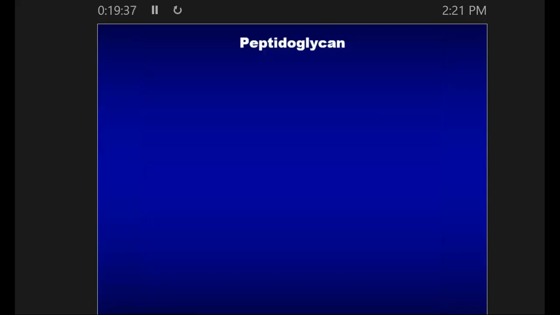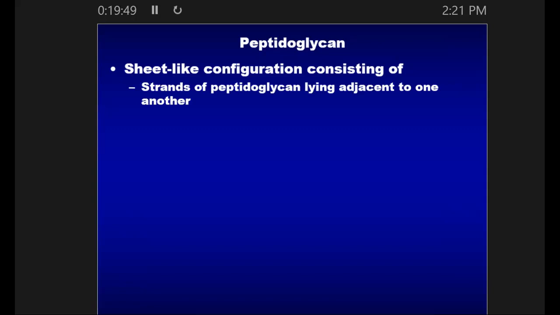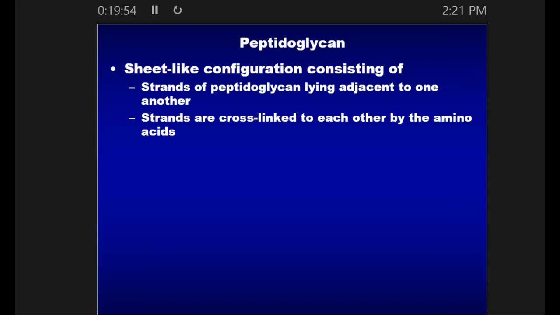Okay, so in words, what we were just looking at, they say the NAG-NAM chains are laid down in these big sheet-like configurations where you have the peptidoglycan running parallel to each other. And then you have those amino acids cross-linking.